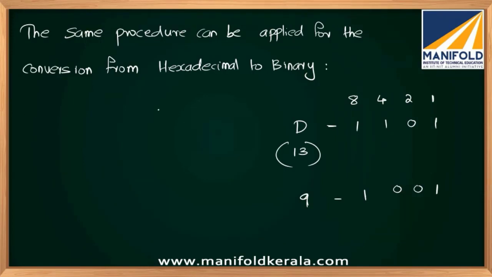Now, how is the conversion from hexadecimal to binary done? Just as we did for octal to binary. In octal to binary, each symbol is replaced by its 3-bit binary string. In hexadecimal to binary, each symbol in hexadecimal will be replaced by its equivalent 4-bit binary string.